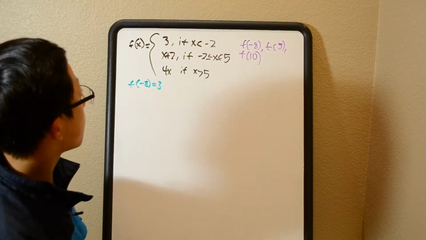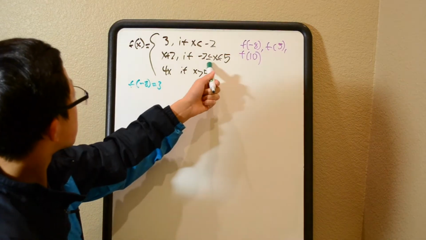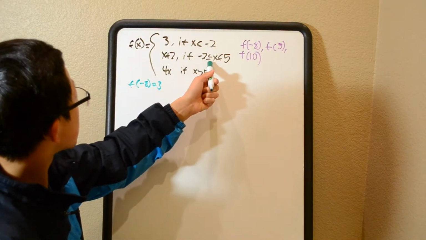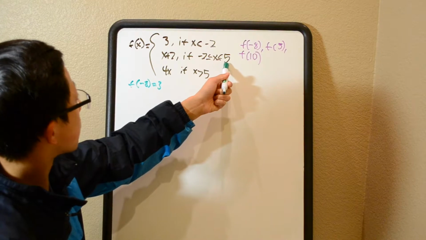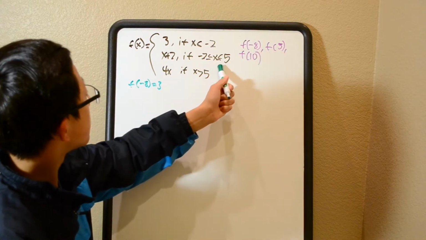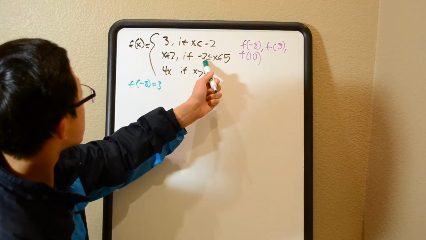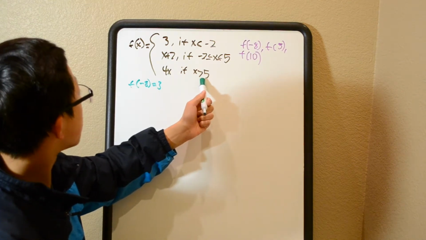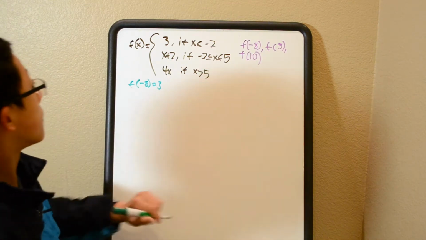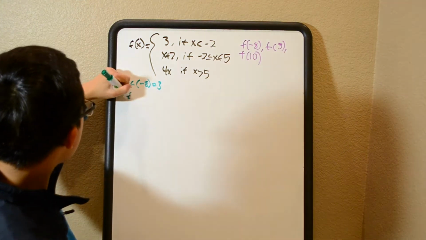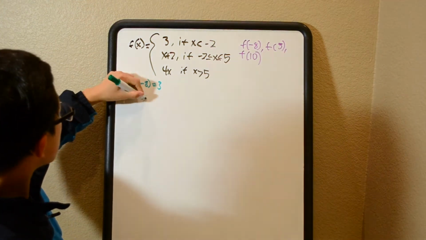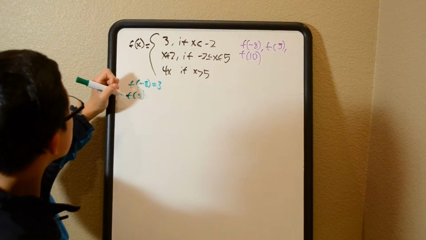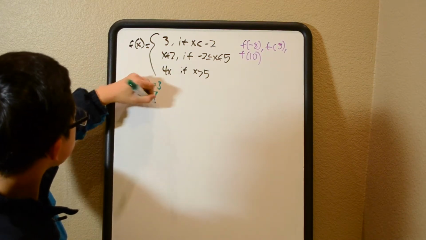And the next one, f of 5. So the rule negative 2 is less than or equal to x, which is less than or equal to 5, includes 5. So that means that we're using x plus 2. We're not using 4x because that requires x greater than 5, which does not include 5. Okay? So f of 5 is equal to x plus 2, so 5 plus 2, which is 7.